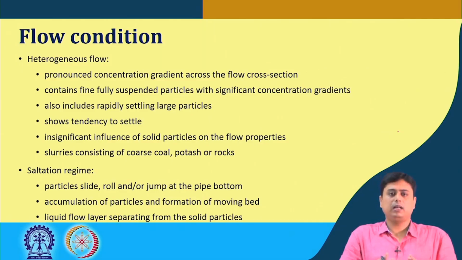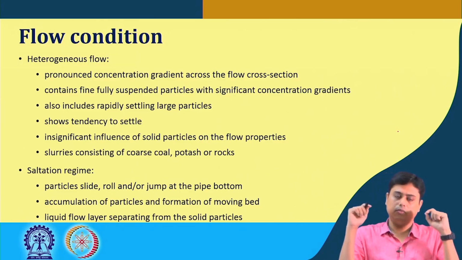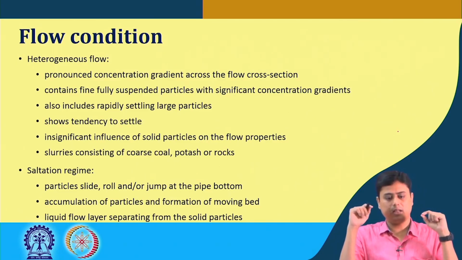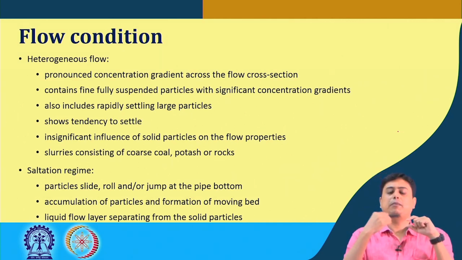So, if the particle size increases, it falls rapidly. This heterogeneous flow contains both ranges of particles. One is fully suspended very fine particles, but with a significant concentration gradient along the pipe cross section, as well as rapidly settling large particles.